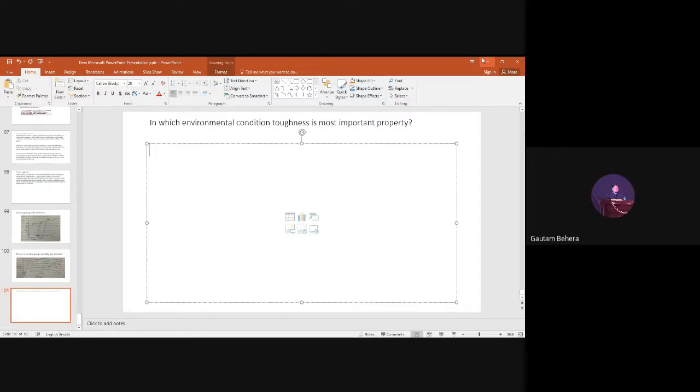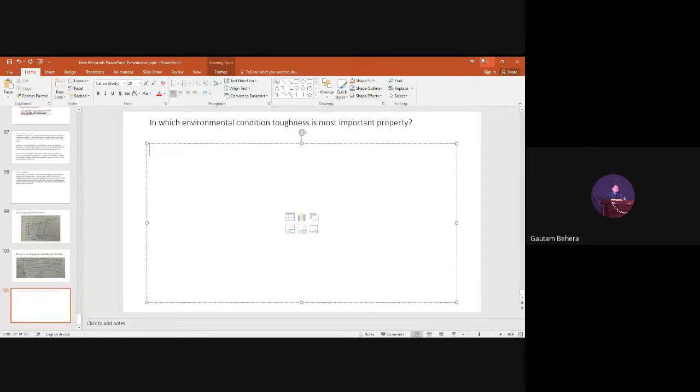So now, can you again tell me in what atmospheric conditions toughness is an important mechanical property? Suppose I am taking a material to a very low temperature. Suppose I take steel to the Arctic or Atlantic oceans, where we have icebergs.